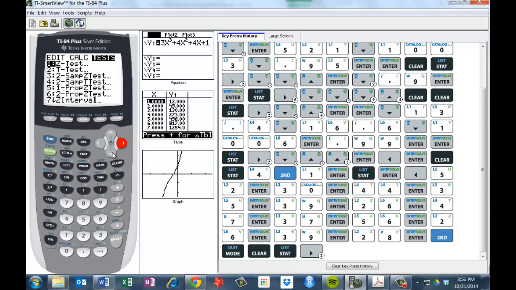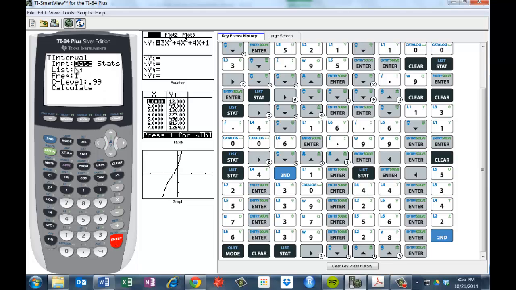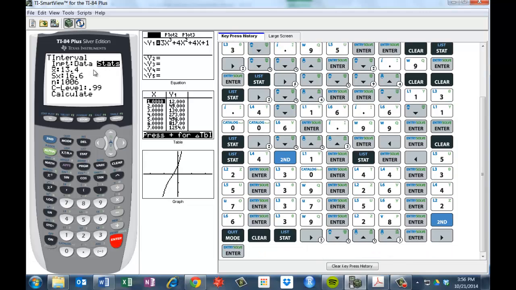go to T interval, T is for average. Notice last time you were on stats, but this time what you need to do is arrow over to the blinking data and then hit enter.